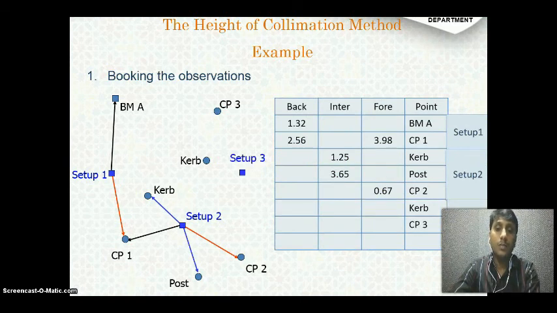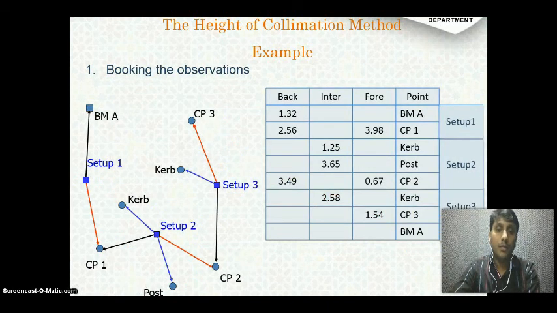Once you change the instrument to setup 3, you need to sight to CP2. Once you sighted to CP2, the reading has to be written at backside. Okay, CP2. From setup 3, curb, intermediate side. From setup 3, CP3. The final reading again becomes foresight. Now change the equipment again.